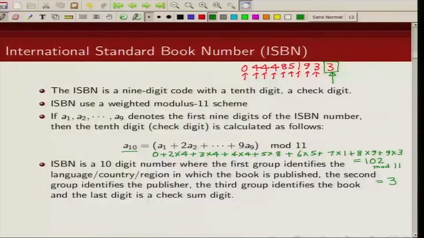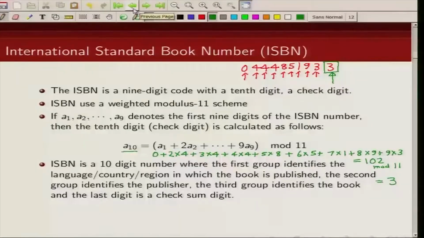Now, the interesting part about these ISBN numbers is that they can detect transposition errors. What is a transposition error? Let us say you are reading this ISBN number with a barcode reader. The most common mistake that happens is that adjacent digits are read wrongly. So, for example, this is 044485193. If it is read like 4044851933, that means these two digits are interchanged.